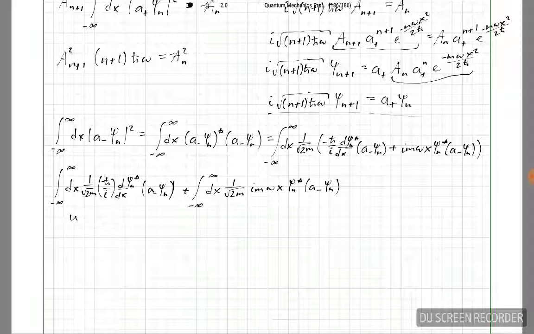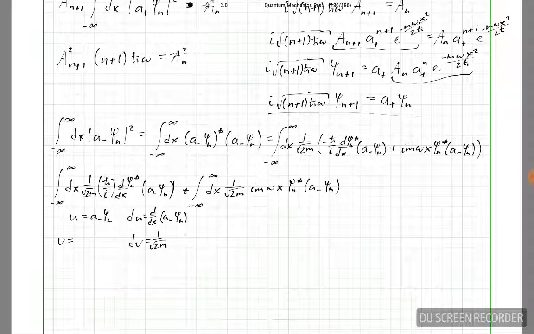So my u is going to be this, making my du the x derivative. My dv, I'm going to keep the constants in there.